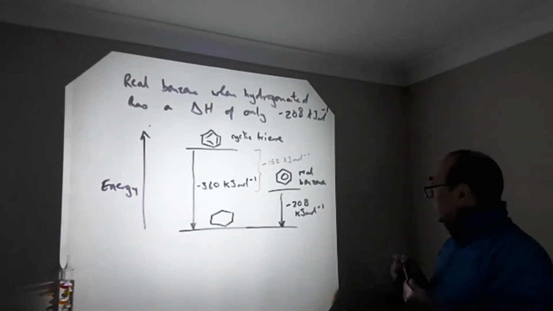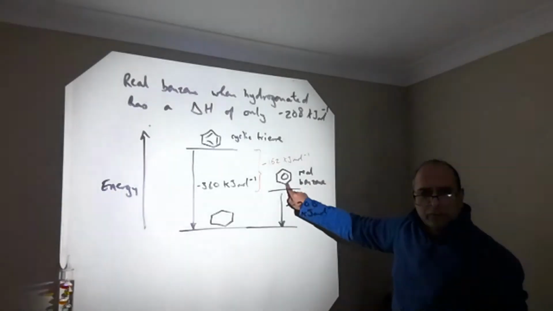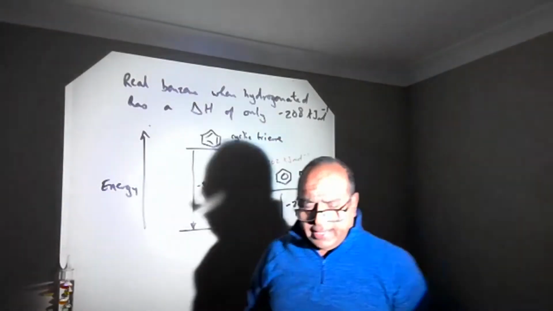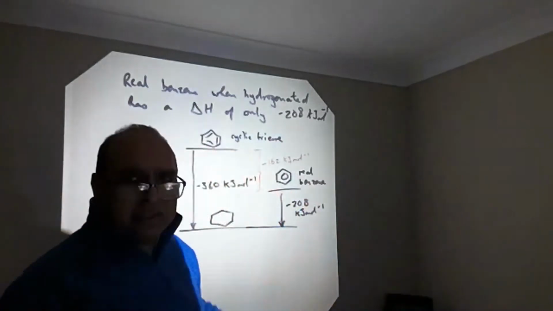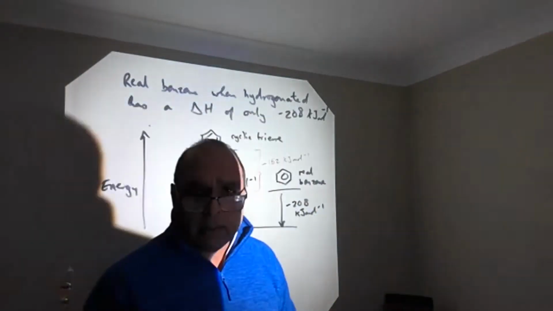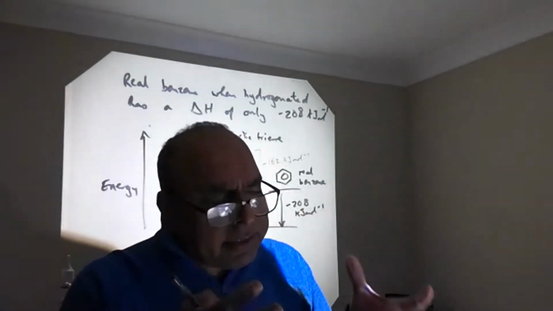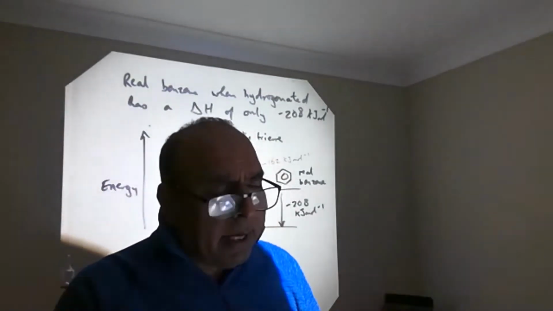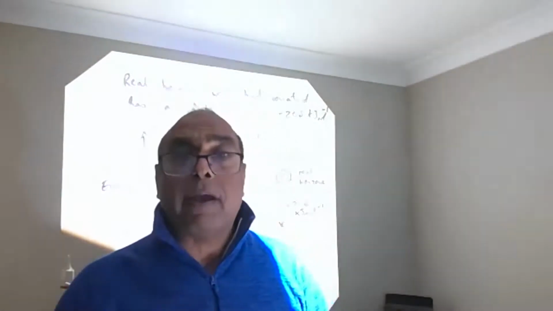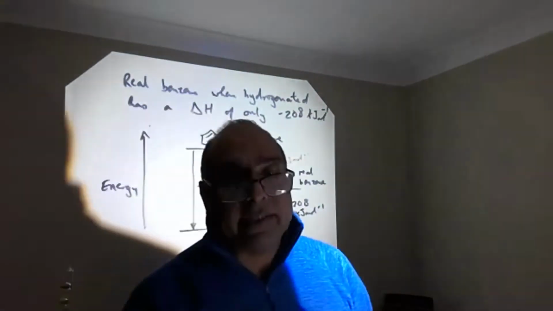Now that extra stability of benzene is known as resonance energy. I'll use that term later and talk about it a bit more, but this extra stability is more stable by 150 kilojoules per mole than we would expect. And that's really significant. That we're going to use later.